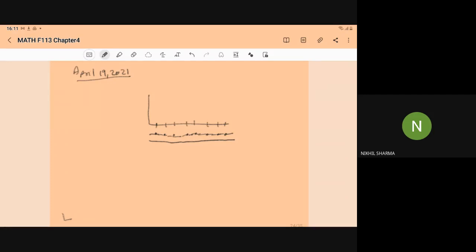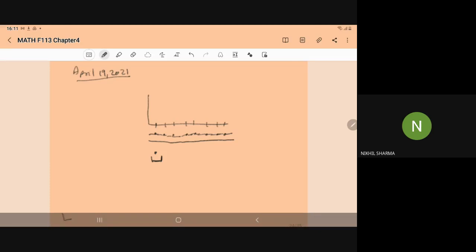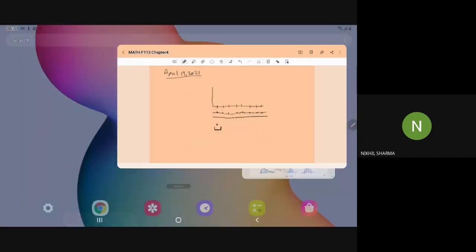That makes the approximation, because we want this point, but now we are computing the area for this continuous line. So that is the half unit correction.